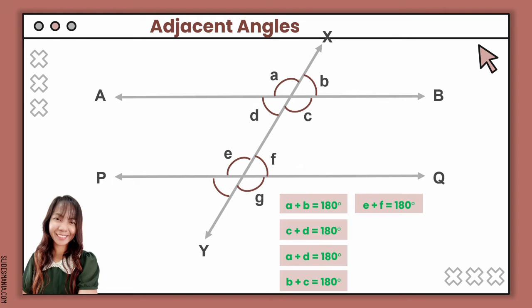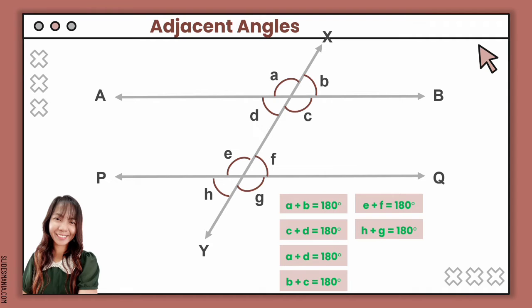Angle G and angle H is another example of adjacent angles. So angle H plus angle G is equal to 180 degrees.